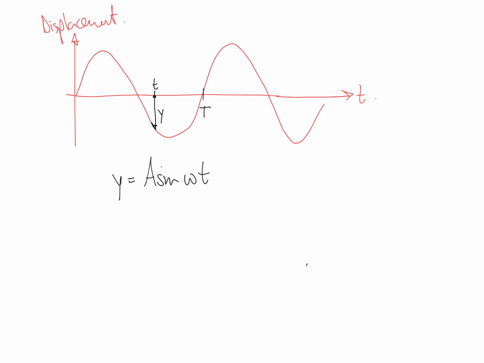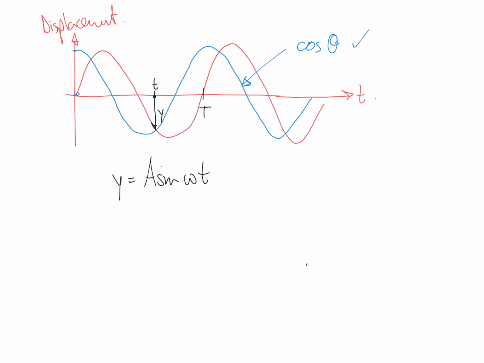Now, here's another wave that looks very similar to the first one. For those of you that are more mathematically minded, you're probably saying to yourself, oh, that's a cosine wave, because it starts at 1, sine starts at 0. And you're right, it is a cosine wave.